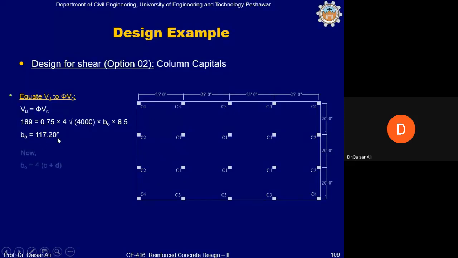And we know that b0 is equal to 4 into (c plus d). d is known to us. We'll calculate c from it, which is the minimum column dimension which will make φVc equal to Vu.